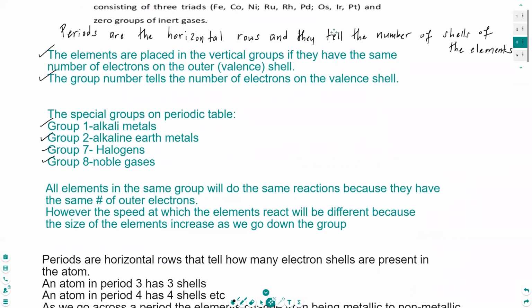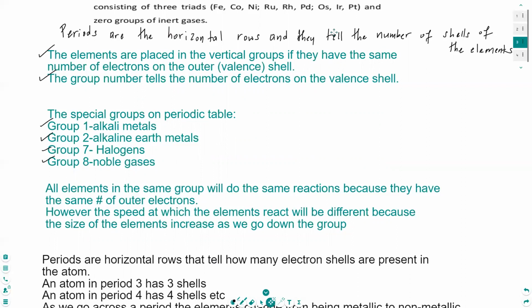So all elements that belong to the same group will do the same reactions because they have the same number of outer electrons. It is the number of electrons on your outer shell that really dictates how you are going to behave. So all the elements in the same group can participate in the same reactions. The only difference is that they will do it at different speeds.